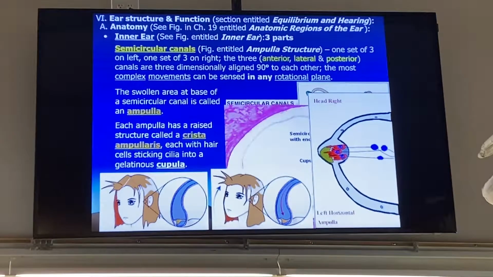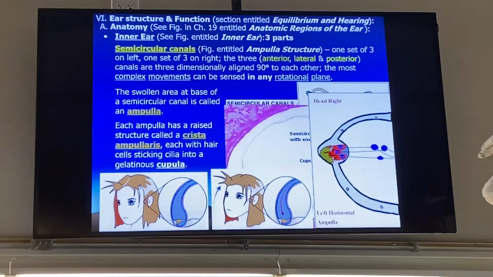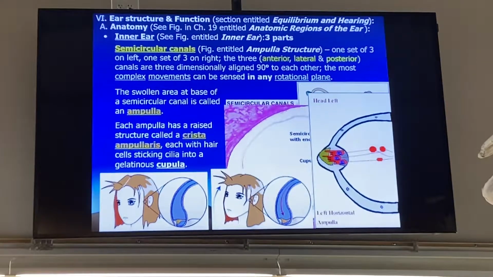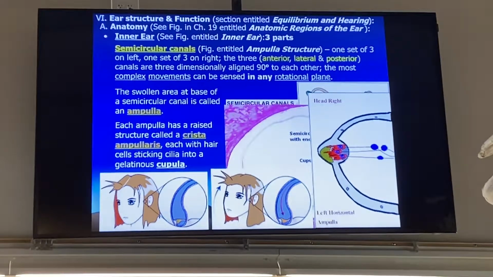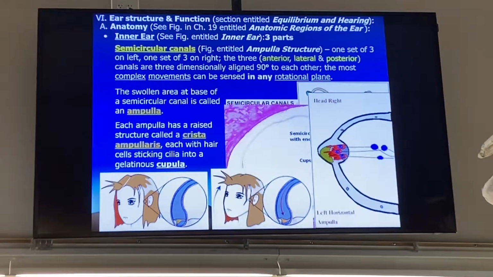But if I keep spinning, and I'll spin the student 10 times, eventually the endolymph catches up to the osseous labyrinth. And now they're moving together. When they're moving together, this cupula that was bent because the endolymph lagged behind is now caught up. And it's actually telling the brain I'm not moving. Now there's other inputs going to the brain that say, yeah, I'm still spinning, but not the semicircular canals.